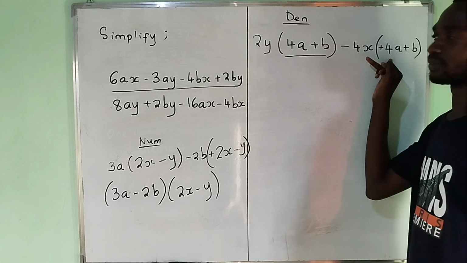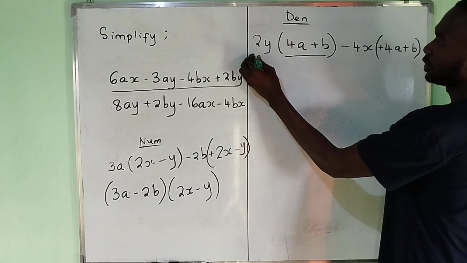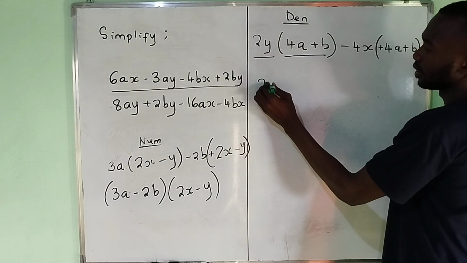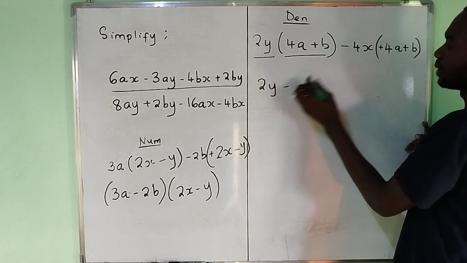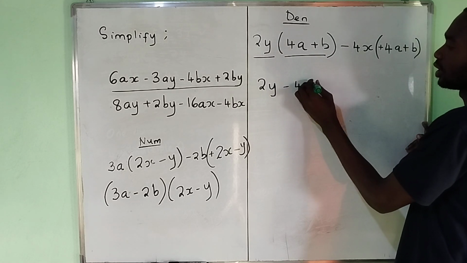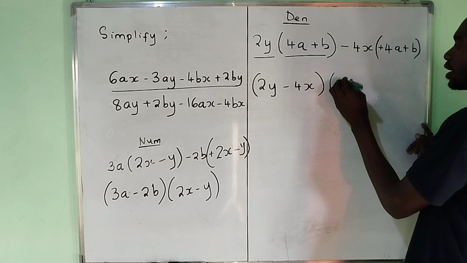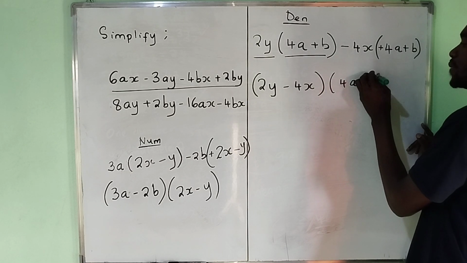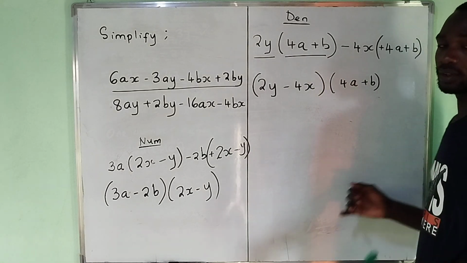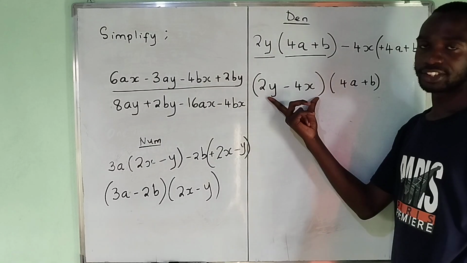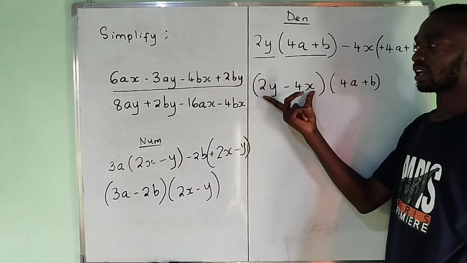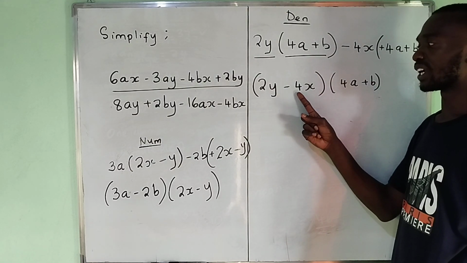So we're going to say 2y minus what is outside the bracket, that is 4x, you multiply by 4a plus b. Now, the first bracket, we got the common factor of 2y and negative 4x.